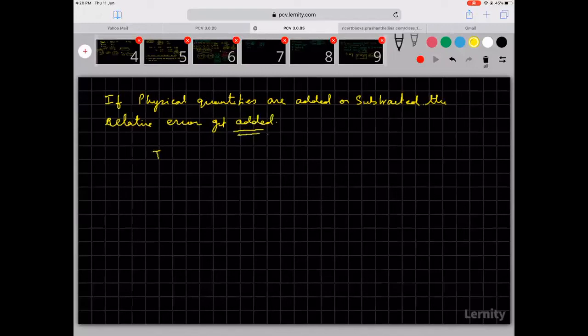Based on this concept, the total error in the measurement of small g will be 4%.